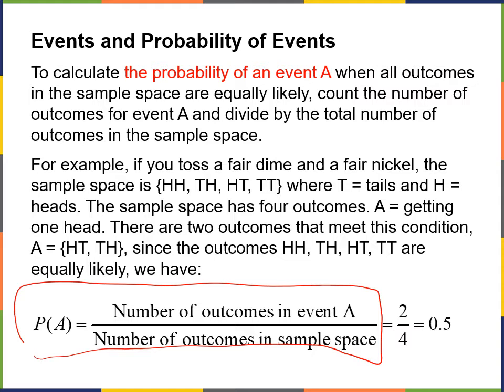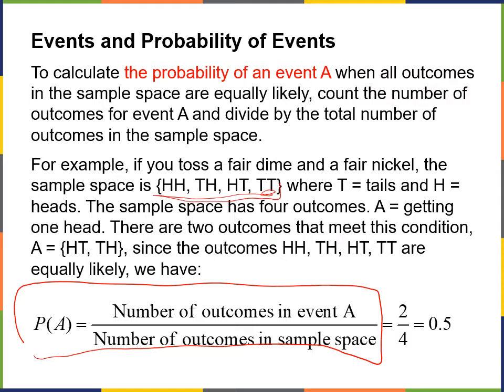What we can do is we can look at the number of outcomes in the event that we're looking for, divided by the total number of possible outcomes that there could be, which would be the number of outcomes in our sample space. So if we were going to toss a fair dime and a fair nickel, the sample space would be heads-heads, tails-heads, heads-tails, tails-tails.